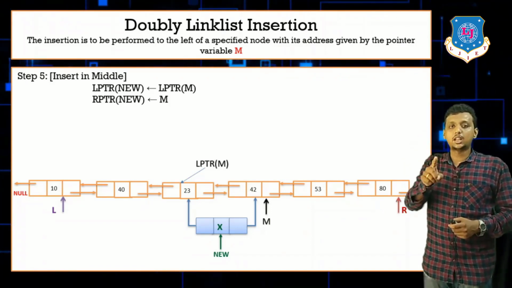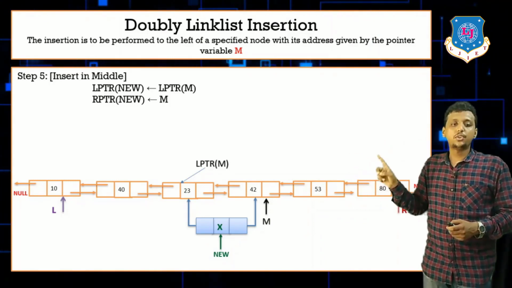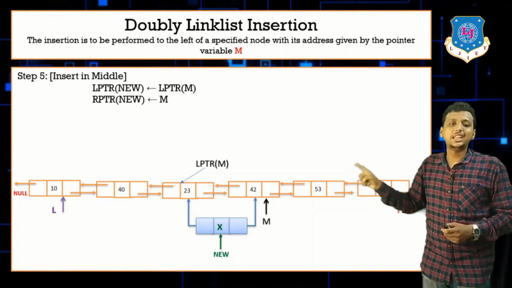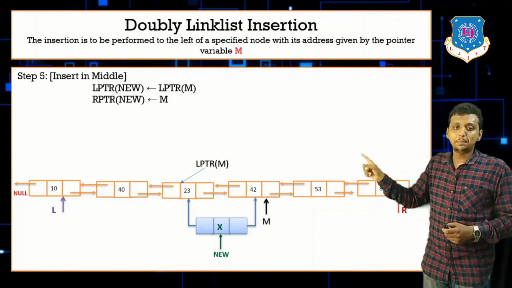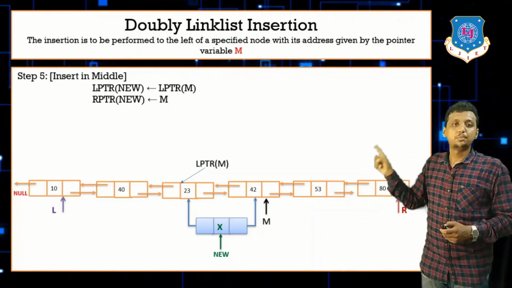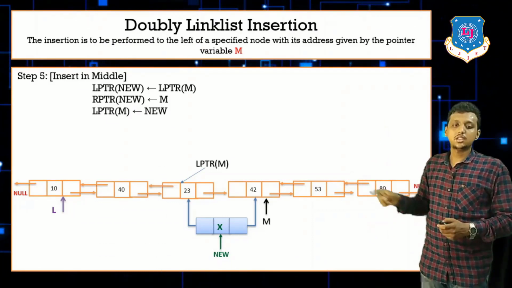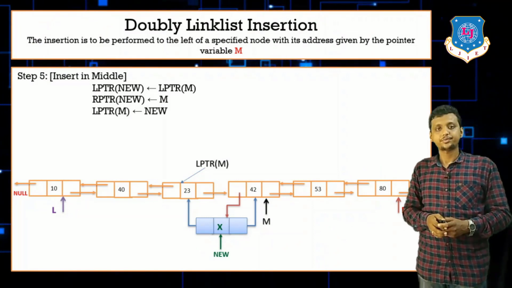We need to break the link between 23 and 42. So first I'm going to try the LPTR of M. See, LPTR of M is broken and going to connect with new. So here it is, LPTR of M is gone and connected to new.